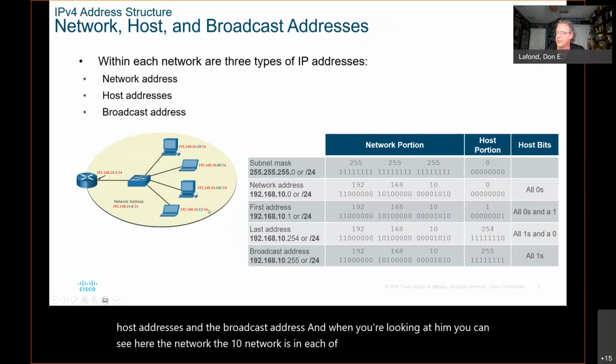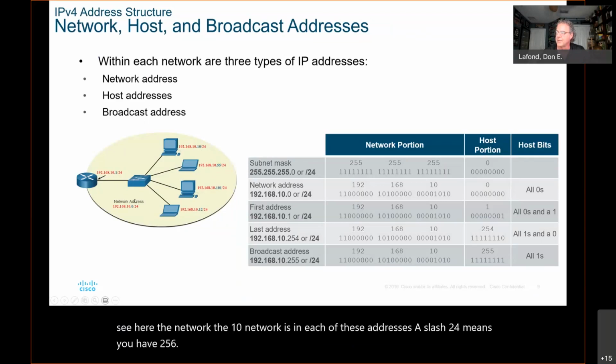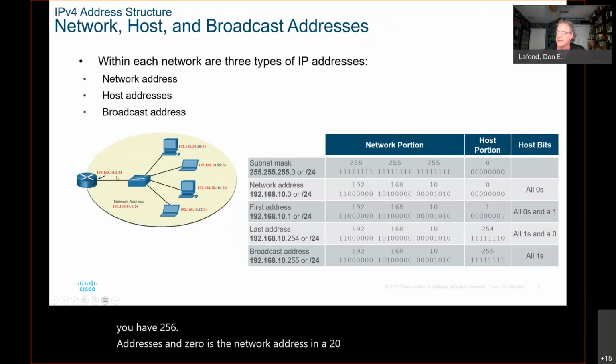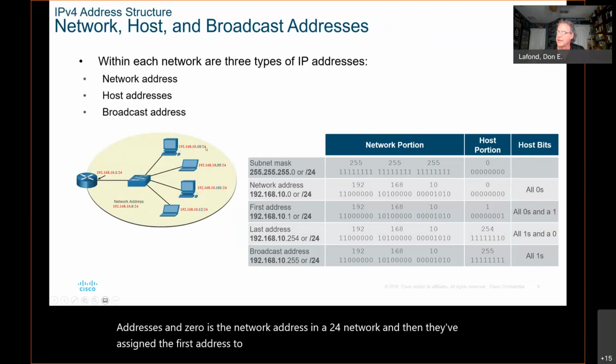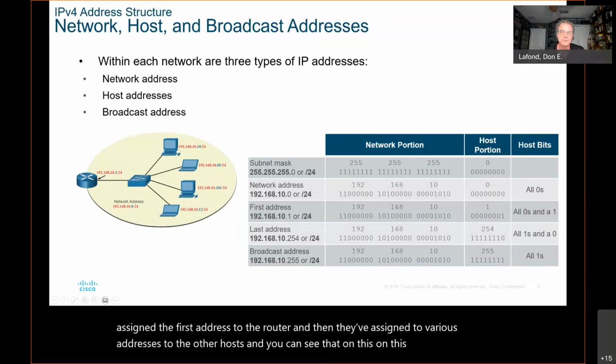A /24 means you have 256 addresses, and 0 is the network address in a 24 network. And then they've assigned the first address to the router, and then they've assigned various addresses to the other hosts. And you can see that on this list in the table.